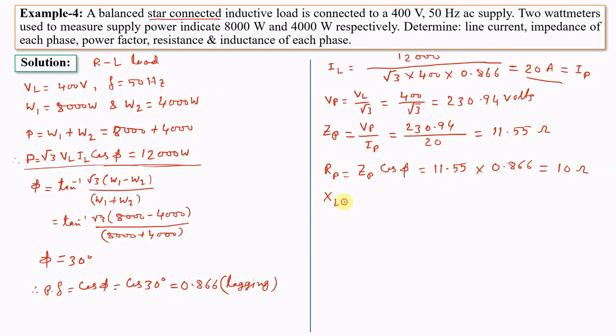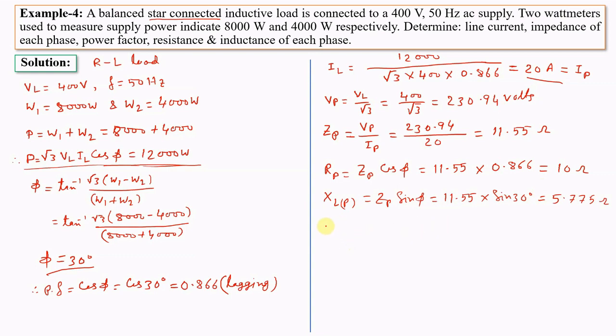Similarly, the inductive reactance per phase is Z phase sin phi. So Z is 11.55, and phi we have already calculated, that is 30 degree. So it will be sin 30 degree. And the value of XL per phase we will get is 5.775 ohms.